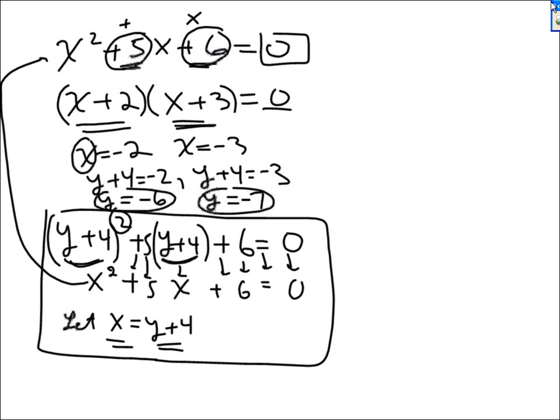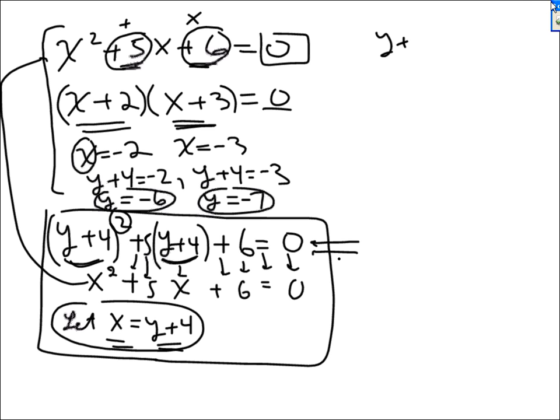Okay. If somebody gives you this equation right here, you should basically rewrite it where x is y plus 4, and then you continue here. Let me actually write that up for you. Y plus 4 squared plus 5 times y plus 4 plus 6 is equal to 0.